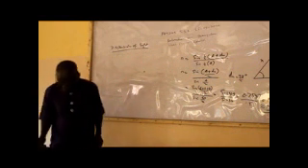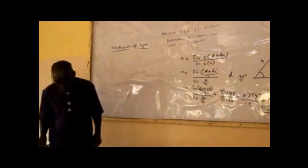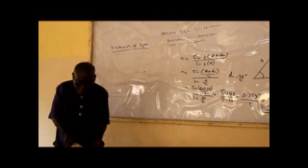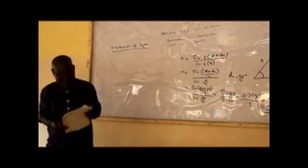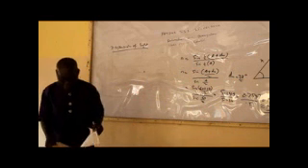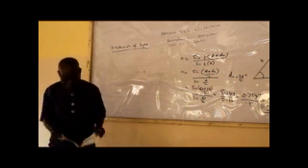What is dispersion of light? You know that white light has 7 colors, and when these colors are separated, the idea is known as dispersion of light.